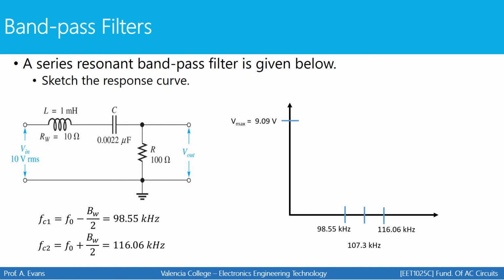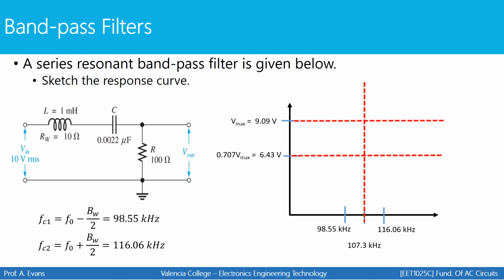Next, I'm going to label the maximum output voltage I can receive, and that's the maximum voltage you will observe at the resonant frequency, which we previously calculated to be 9.09 volts. Next, I'm going to label what 70.7% of my maximum output voltage is. That's 6.43 volts. I'm going to draw a reference line at the center frequency, a reference line at my maximum output, and a reference line at 70.7% of my max.